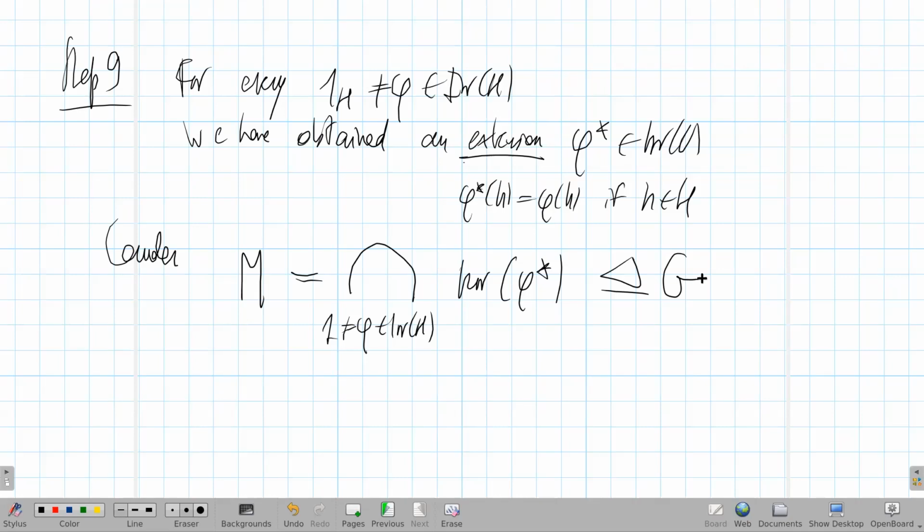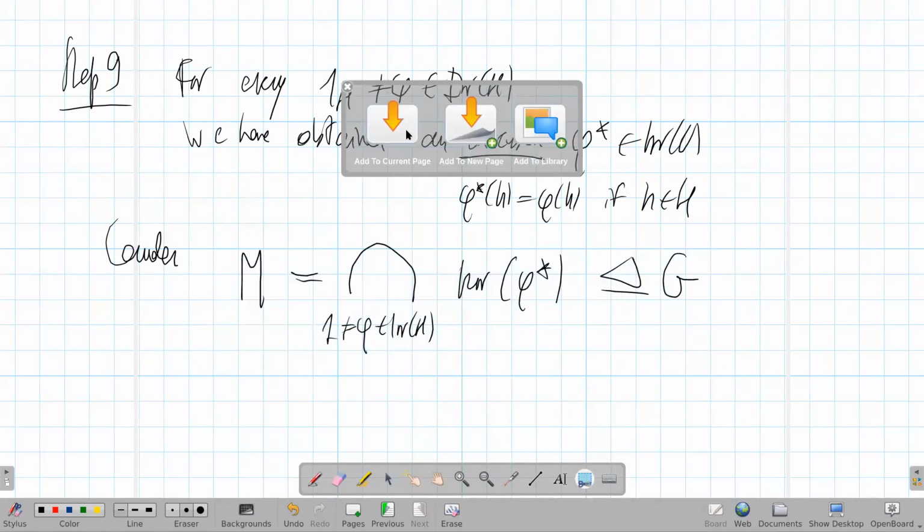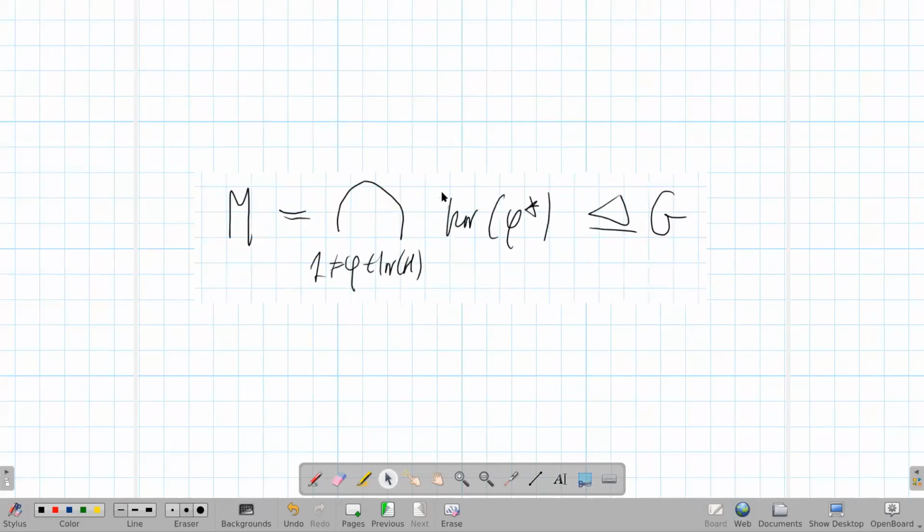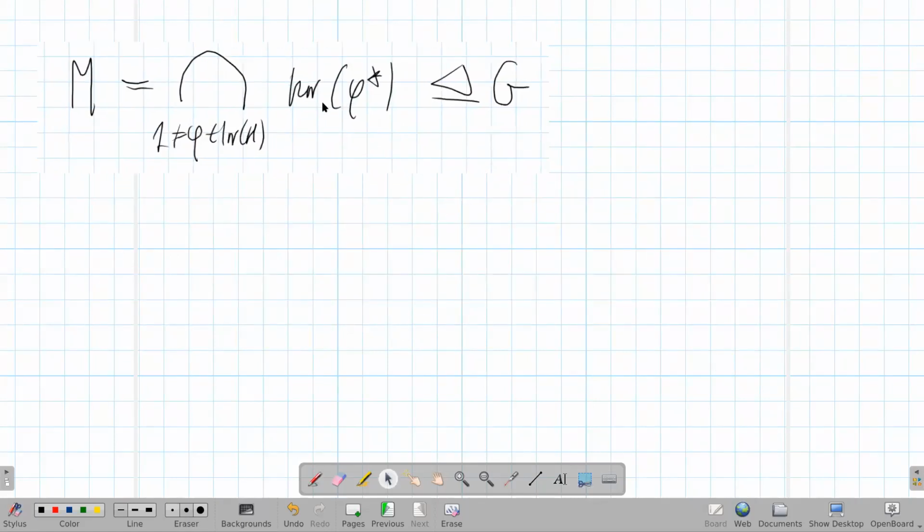So step 10 says that my claim is that M intersects H trivially.